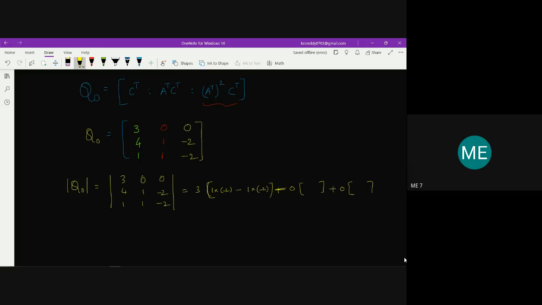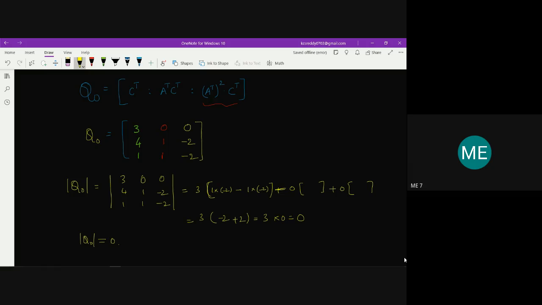So 1 into 3 into 1 into minus 2 is minus 2, then minus of minus 2 is going to be plus 2. So 3 into 0, so this is going to be 0. The determinant of Q naught is equal to 0.